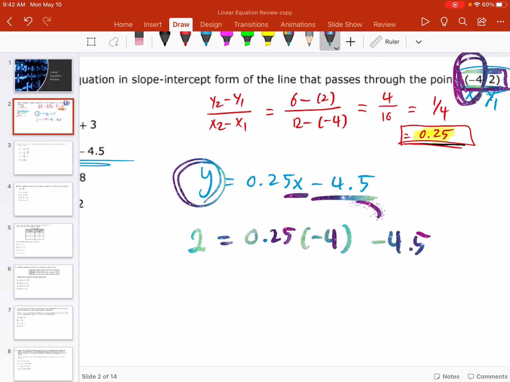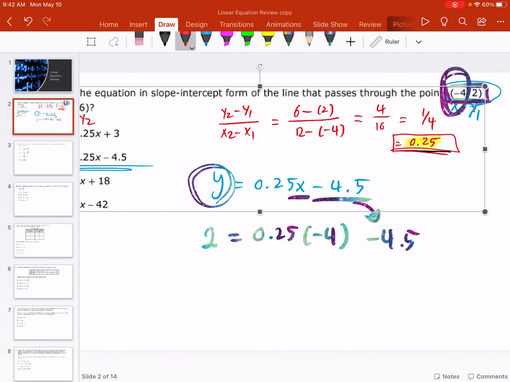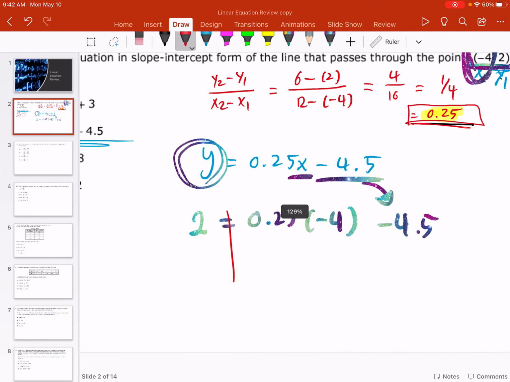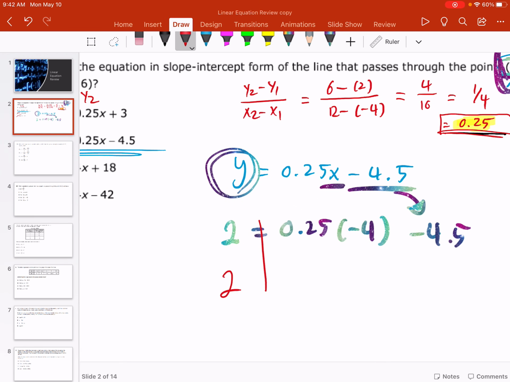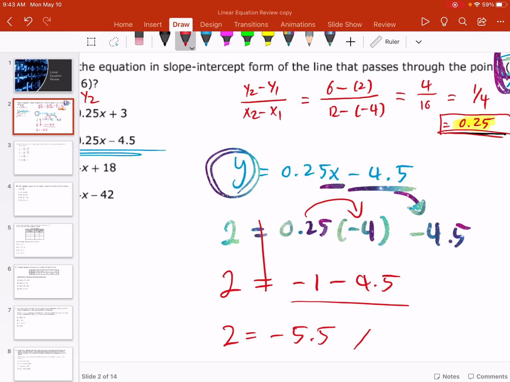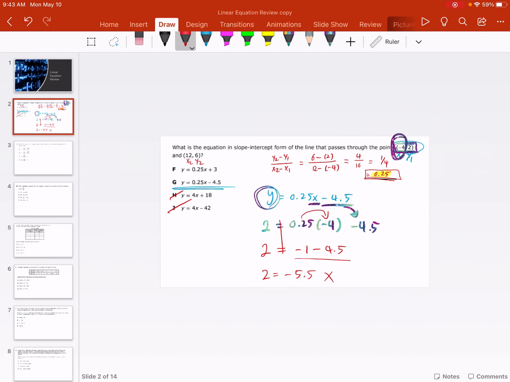See if this is true or not. They should be exactly the same. 0.25 times -4 is going to be -1, minus 4.5. If you combine this, you get -5.5. Are they equal to each other? No. So this one cannot be it.